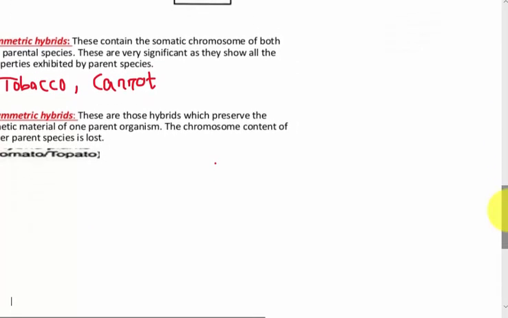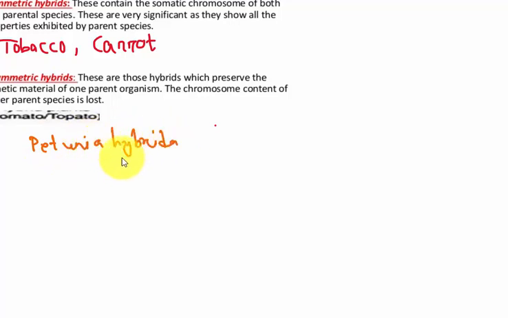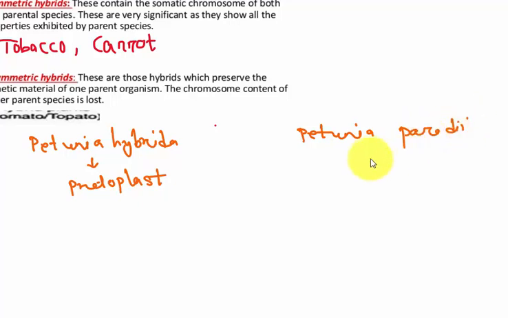Okay, so let's take first one species, that is the tobacco species Petunia hybrida. We need to isolate the protoplast, right? And one more, Petunia parodii.